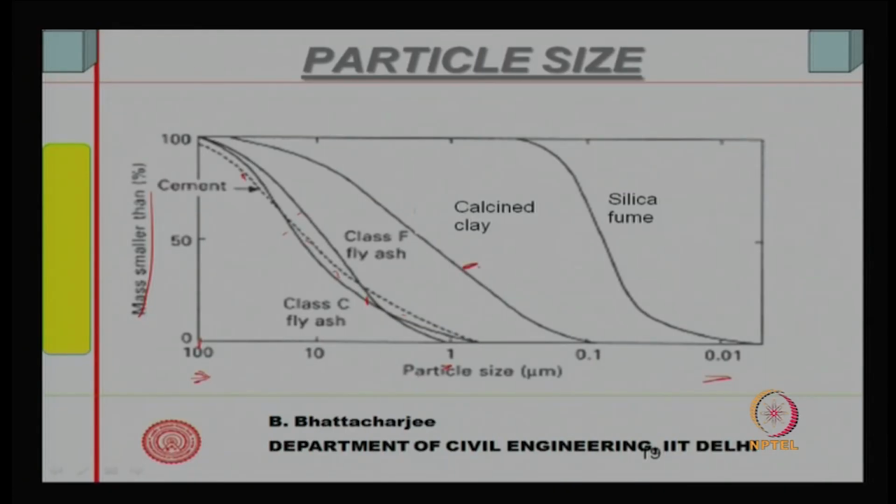Calcined clay is somewhere there, relatively fine, and silica fume is the finest, because almost everything is smaller than, let us say, 0.3 micron or so. So, size wise, we understand that the finest is silica fume and the coarsest would be fly ash, with metakaolin somewhere in between. All right.